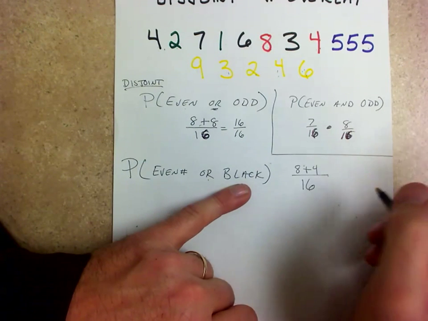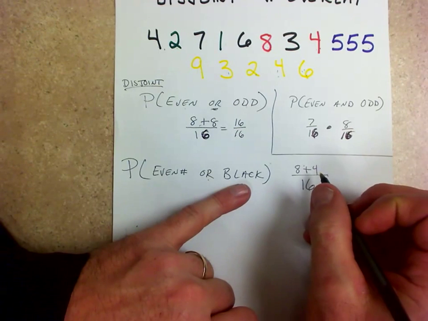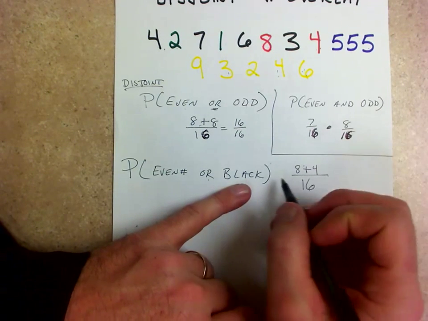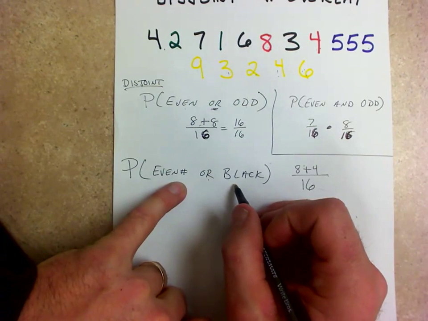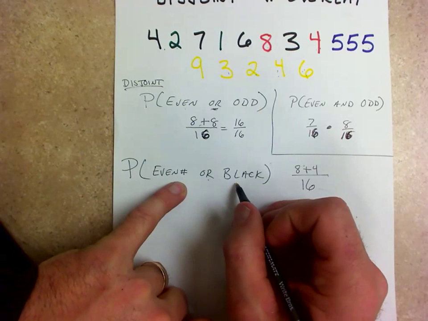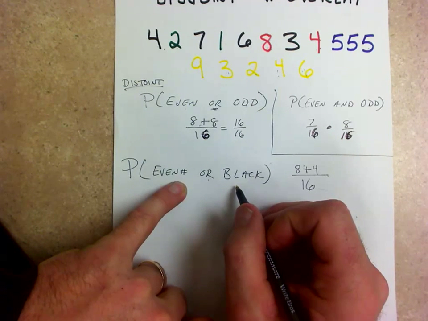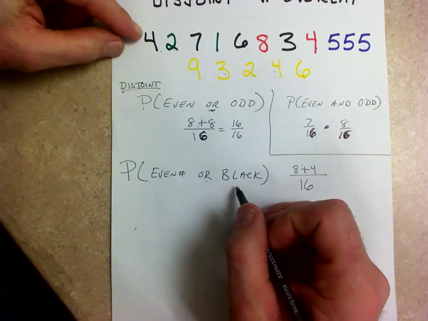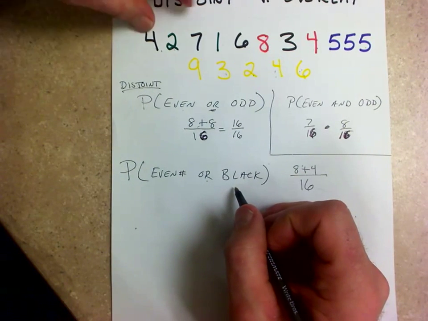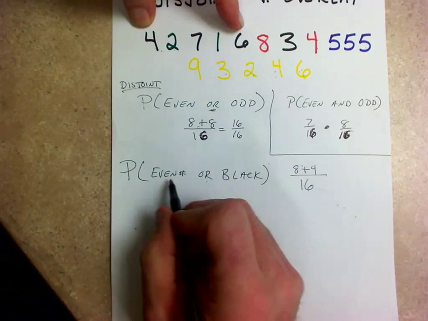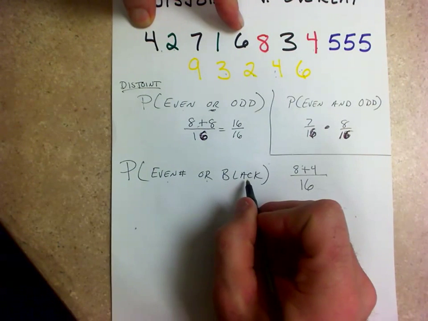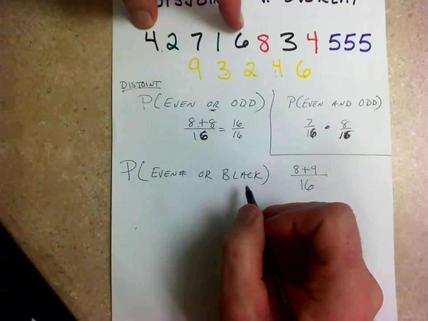All right. However, we need to pause for a second because again, hopefully we notice that there were a couple numbers that were included in both categories. Okay, so when I counted up my even numbers, I counted the 4 and I counted the 6. When I counted up the black numbers, I counted the 4 and the 6 again.